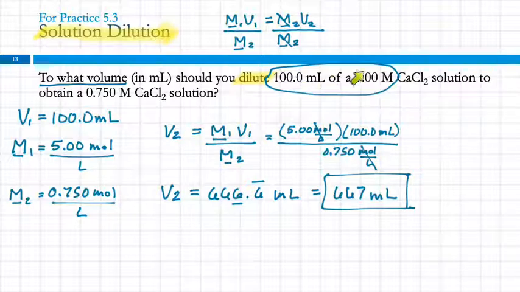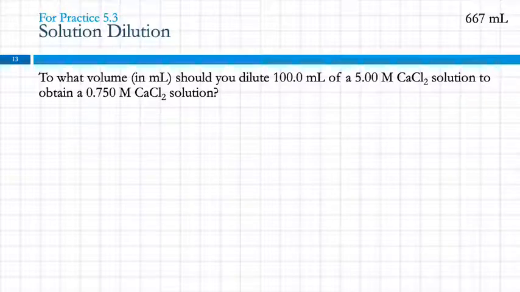So if I take 100 milliliters of this concentrated solution, I'm going to dilute it. I'm going to add water. So this should be bigger, right? If your diluted volume is smaller, it's like you put the orange juice in the pitcher and you add water and it shrinks. No, that's wrong, right? So that would mean you've got something backwards or upside down in your calculation. So it's a clue to look at your math. Any questions? 667 milliliters.